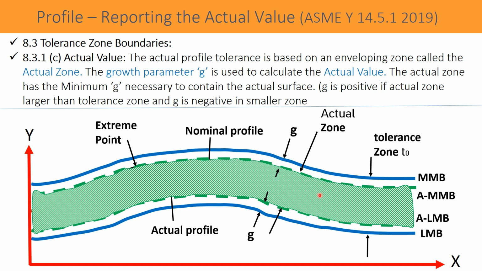The other side of the nominal profile is also a growth parameter. With this growth parameter and the actual zone, how to calculate the actual value of the profile to show on the report against a given specification tolerance zone T0, we are going to learn in the next slide.